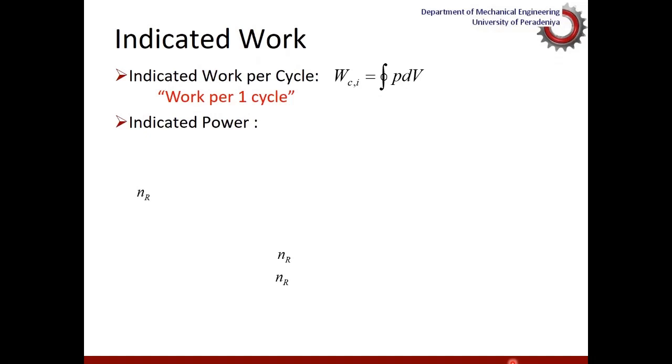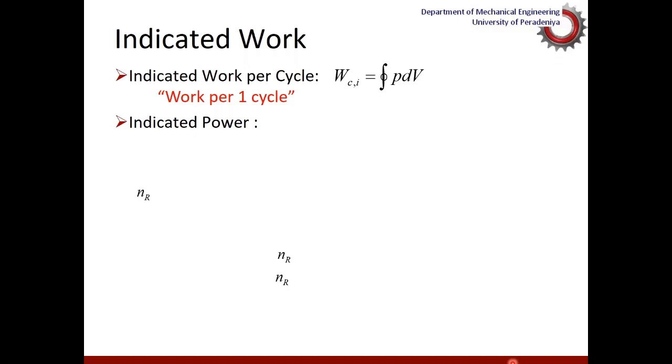So what is the indicated power? nW. The engine rotates n revolutions per second. Indicated power is the amount of work per second, and one cycle is W. There are n cycles per second, therefore Wn gives you the amount of work that you produce in a second. So nW.